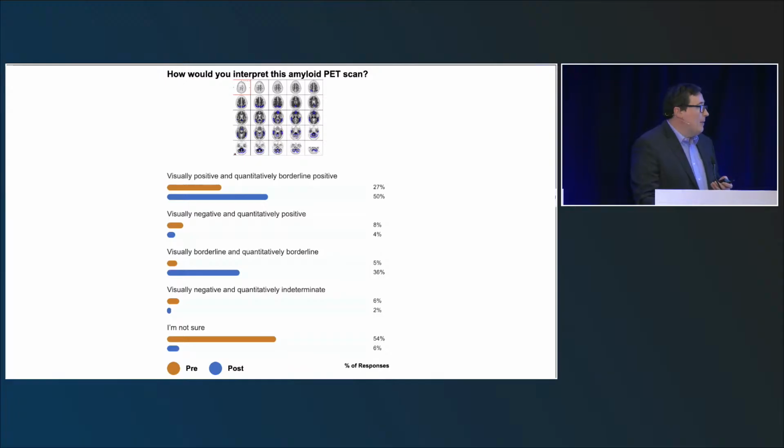And this is a challenging case. The reason I don't like visually borderline is because I would try to give an assessment of positive or negative. I would reserve that really for cases where there's a clear reason you can't interpret the study. Maybe it's semantics, but I believe this is a case that if you use the reader criteria, you should call it positive. And like I said, I would try in every case to state whether it's positive or negative.